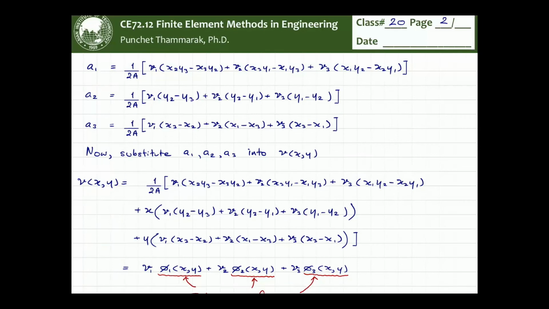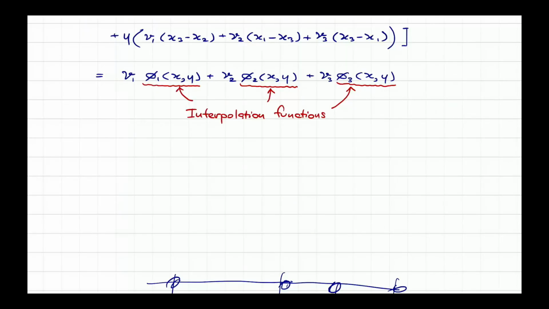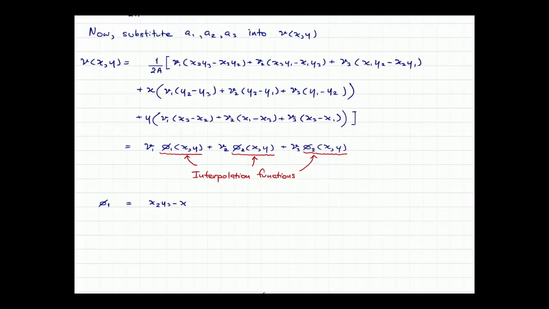So starting with the V1, it is given by x3 y3 minus, no, it was supposed to be x2 y3. How do we get it? x2 y3 in here minus x3 y2 plus you have the x here, right?